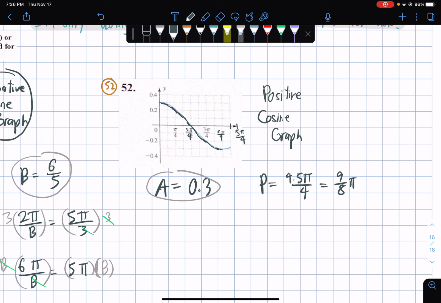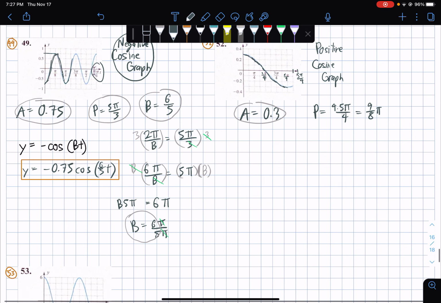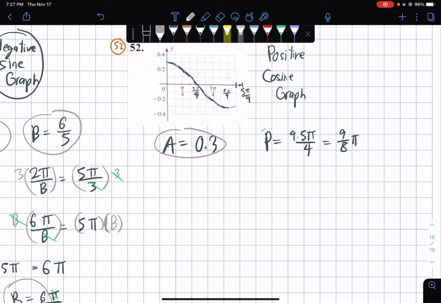And if we want to look for the b variable, let's say 2 pi over b is equal to 9 over 8 pi, or just say 4.5 over 4 pi.